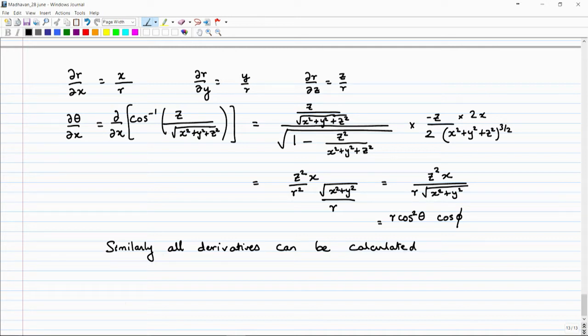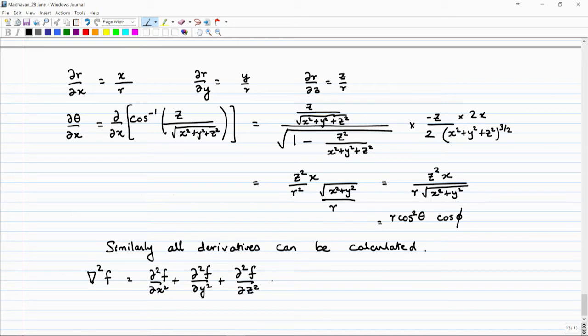Right. And you can write the Laplacian, an expression for del square f, which is equal to dou square f by dou x square plus dou square f by dou y square plus dou square f by dou z square.